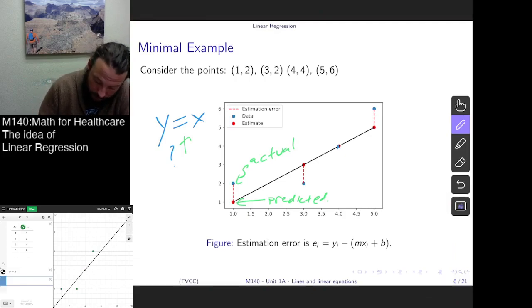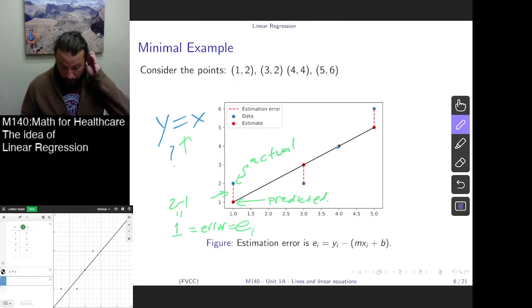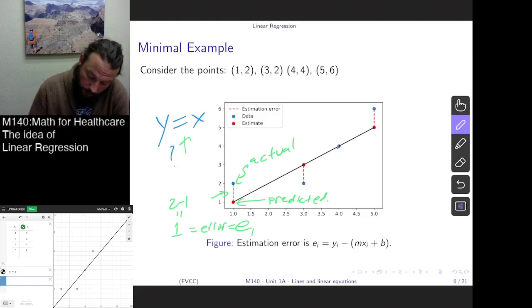Notice that length is 2 minus 1, or 1. And that's what we call the error of that point. We'll call that E1 because that's the first data point. Similarly, we have this guy and this guy, and there's 0 error. E3 would equal 0 in this case.